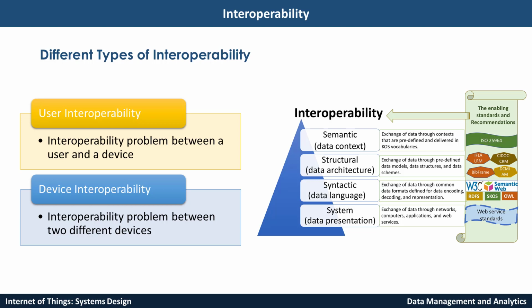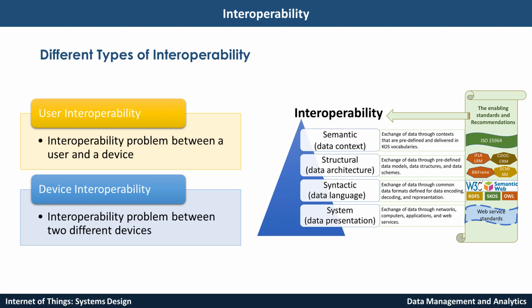As you can see in this image, there is interoperability at the systems level, where how the data is represented, and then the syntactic data language. So what are the formats, like RDF, RDFS, OWL? There are many other standards. And then structural, so what is the architecture behind a system?